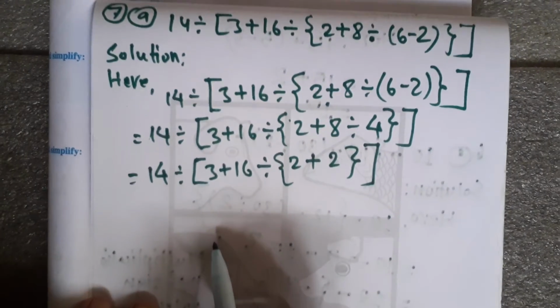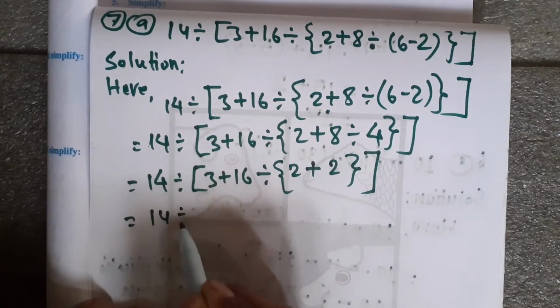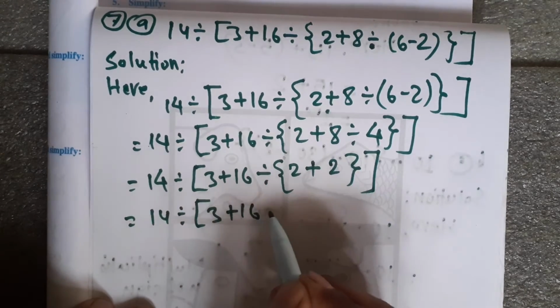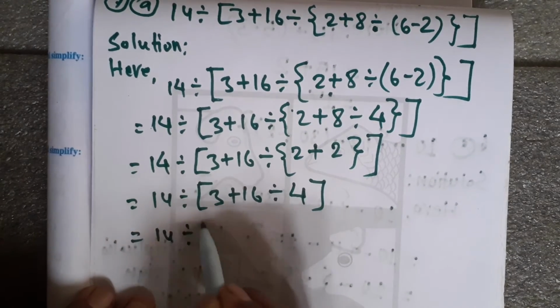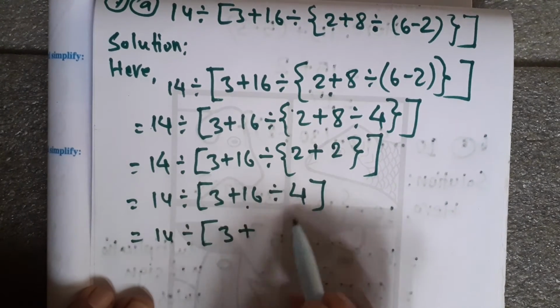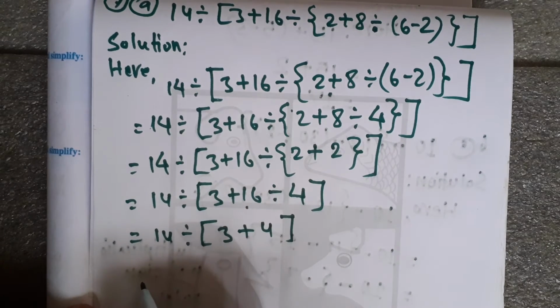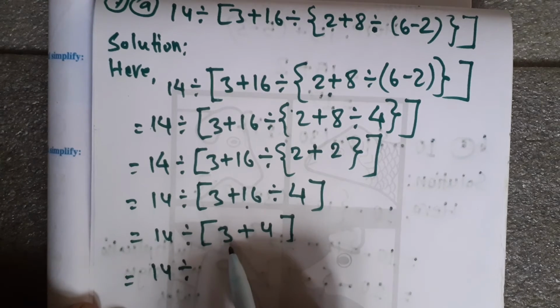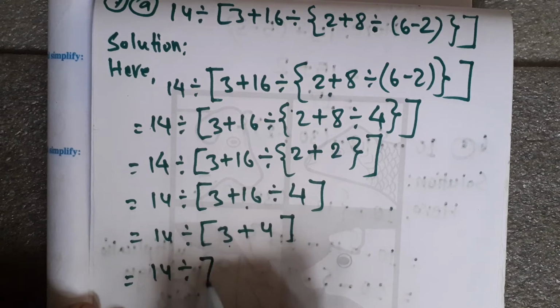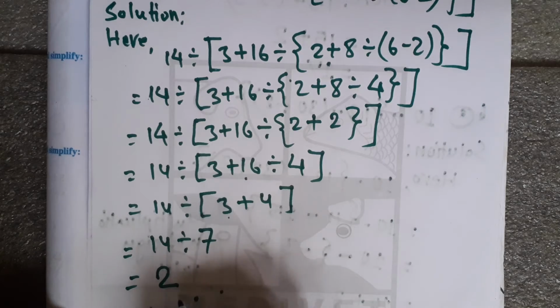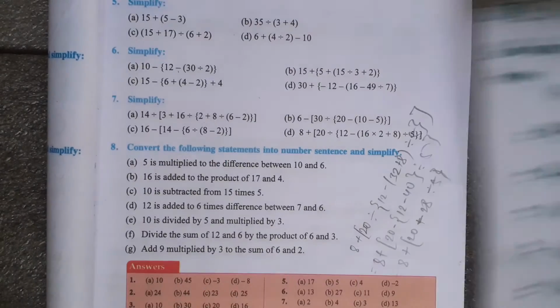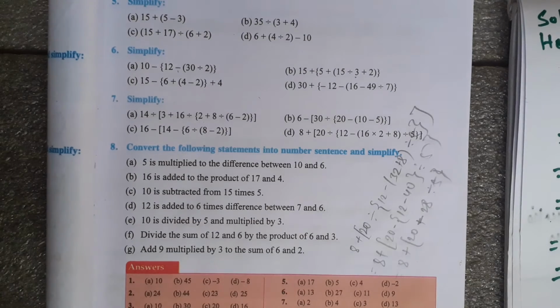Curly bracket close. Now 2 plus 2 will be 4, isn't it? So 14 divided by [3 plus 16 divided by 4]. 16 divided by 4 is 4. Now 14 divided by (3 plus 4), which is 7. 14 divided by 7 is 2. Okay, this is your answer. By following the same method, you can do the remaining exercise of 7.